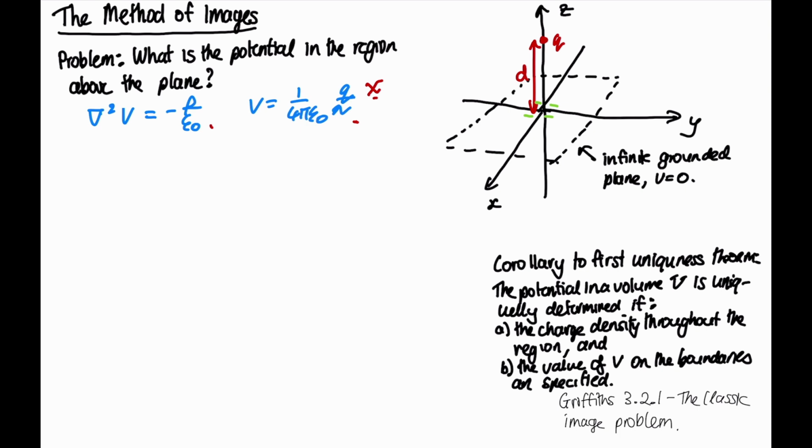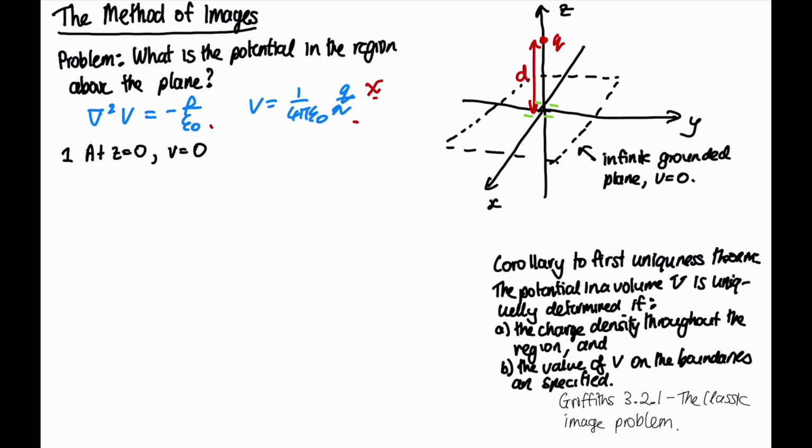Let's write down what we do know about the potential, because we do know the potential in certain parts of this region. So the first thing we know is that because this plane here is grounded, at z equals 0, V equals 0.